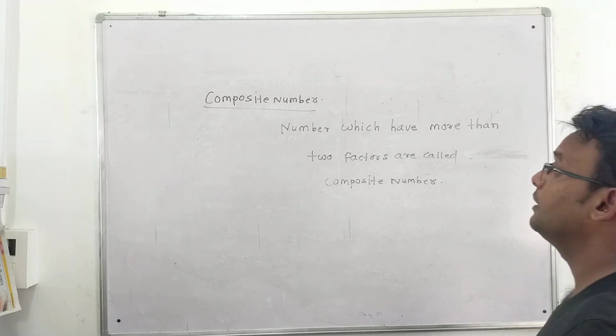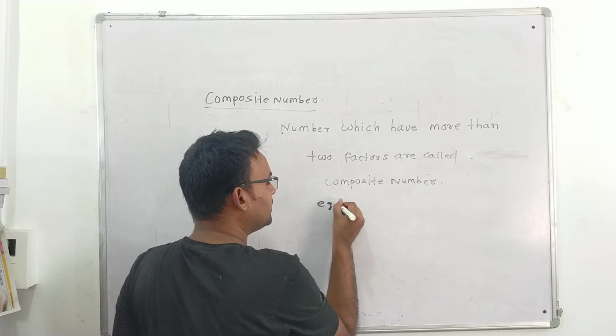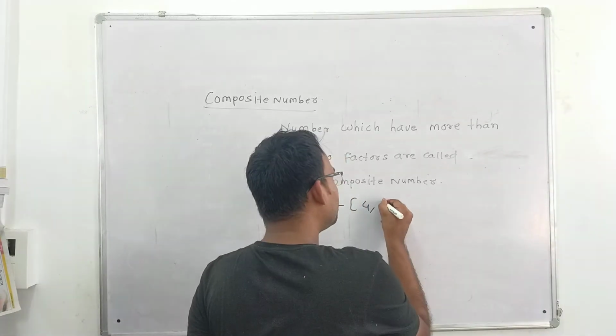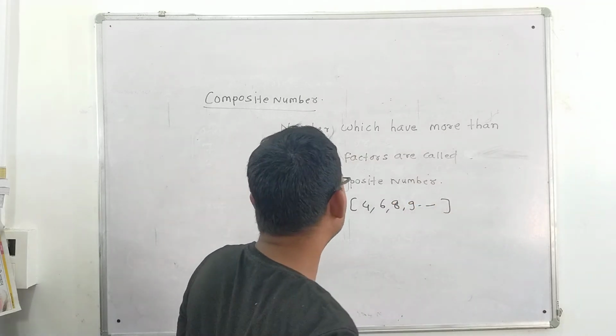Now examples of composite numbers are 4, 6, 8, 9 and so on.